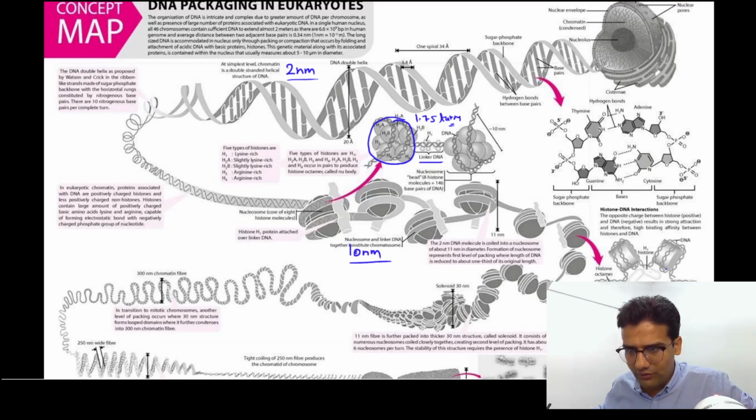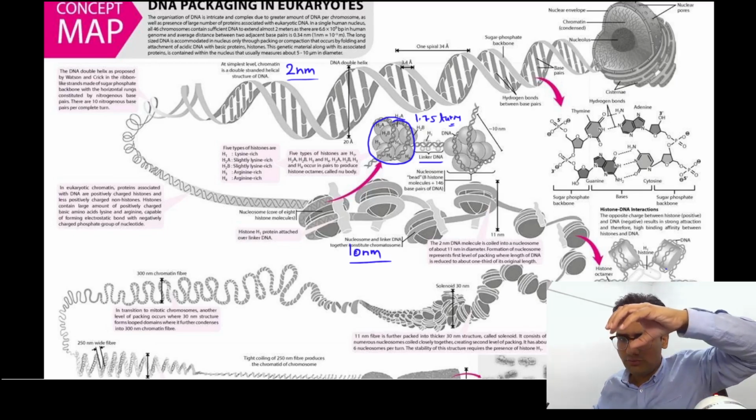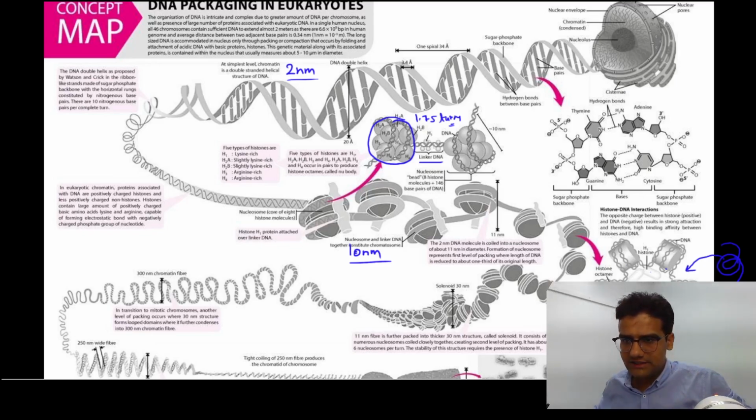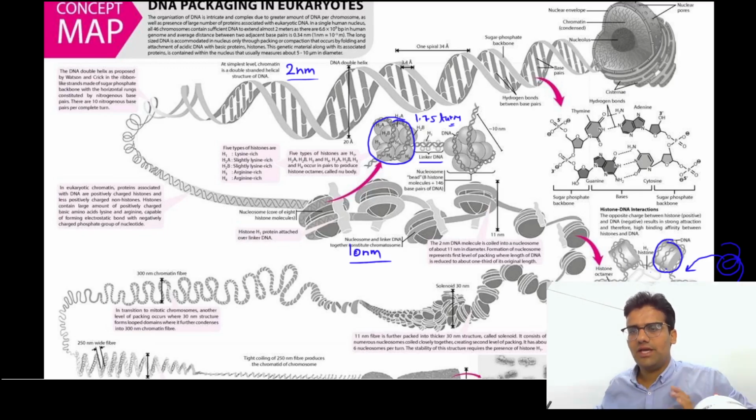If we look from the top, it would look like this model. There is a 60 degree turn due to binding of this histone protein, and this is what we call the solenoid model.